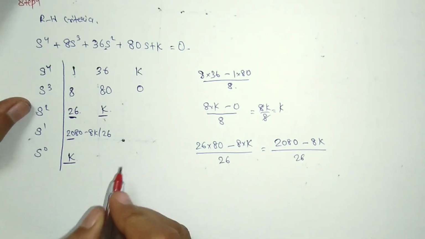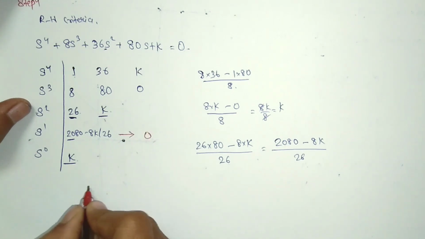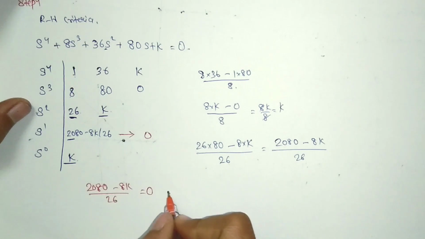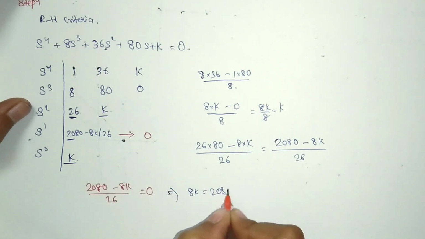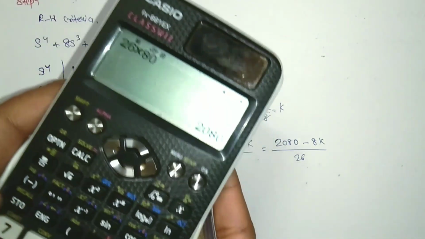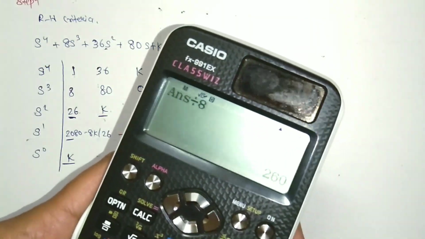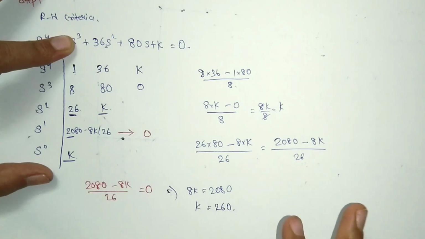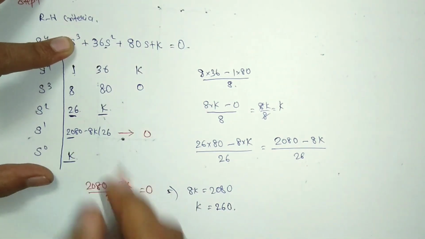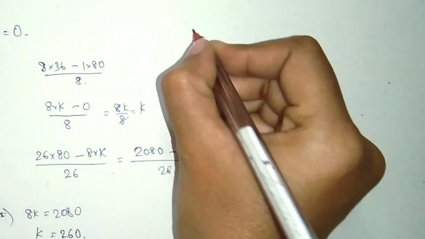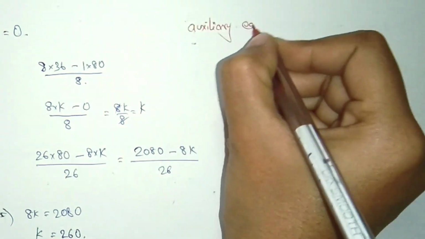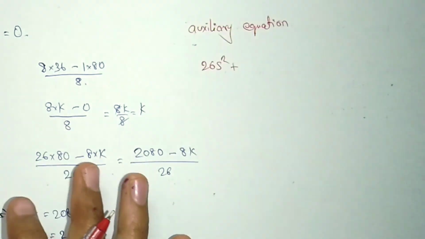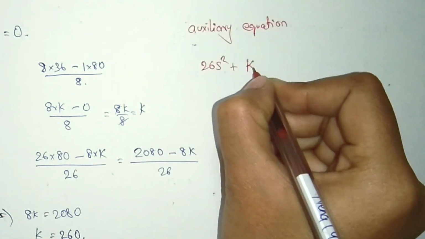Now we make this 0, that is 2080 minus 8k divided by 26 equal to 0. So 8k is equal to 2080 and k is equal to 2080 divided by 8, which is 260. So the k value is 260. Now the equation above this row will be considered as the auxiliary equation. So the auxiliary equation is 26s square, leaving the next one, taking the alternate, we take k.